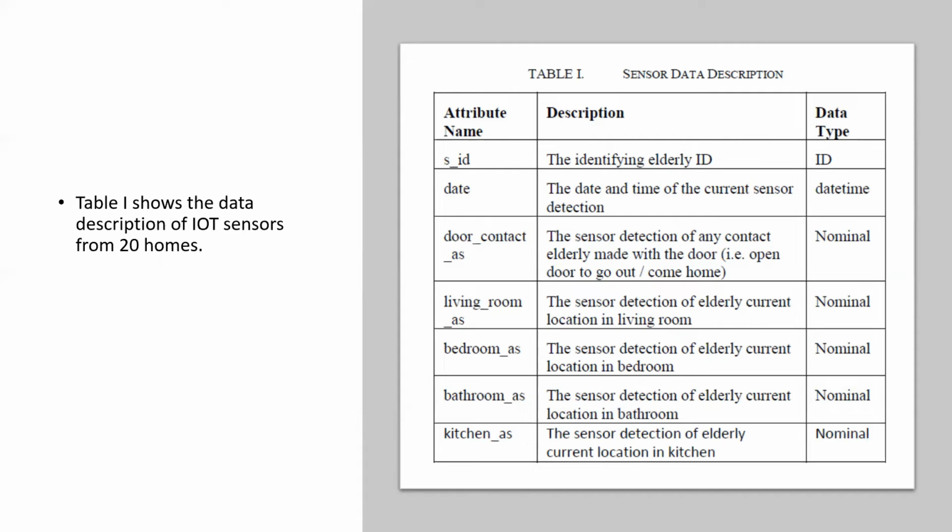You have the detection sensor of the elderly's current location in the living room, in the bedroom, in the bathroom, and in the kitchen. And for those types, the data types were nominal. It'll tell you whether they were in the room or not in the room.